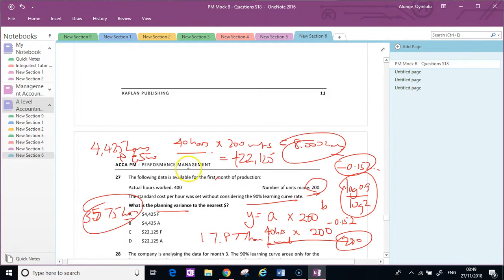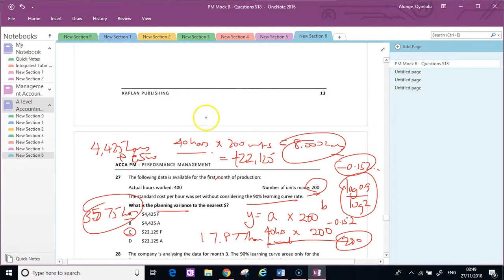So there we are. We have a favorable variance of 22,125 because we've fixed this problem by now dealing with it. What will happen is that the workers are actually learning on the job, and they're getting faster and faster.